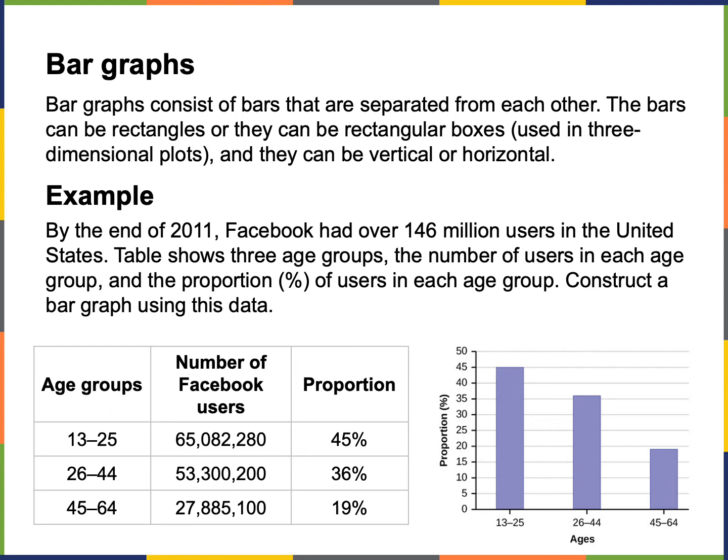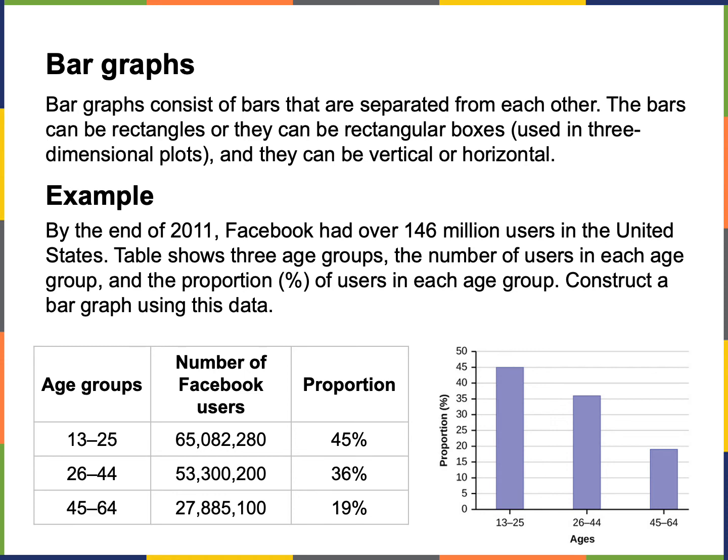So let's see here. This is an old example, 2011. In 2011, Facebook had over 146 million users in the US. This table shows 3 age groups, the number of users in each age group, and the proportion of users in each group. Let's construct a bar graph using this data.